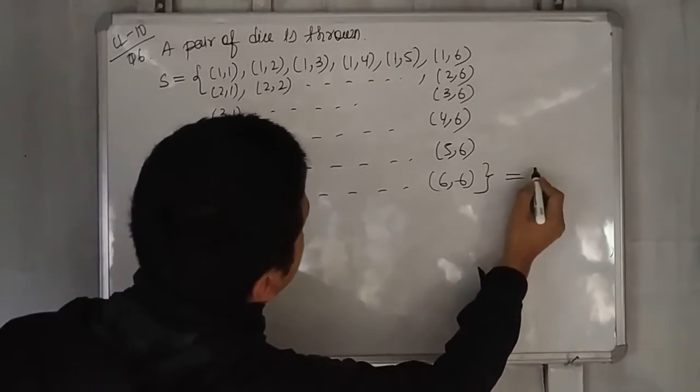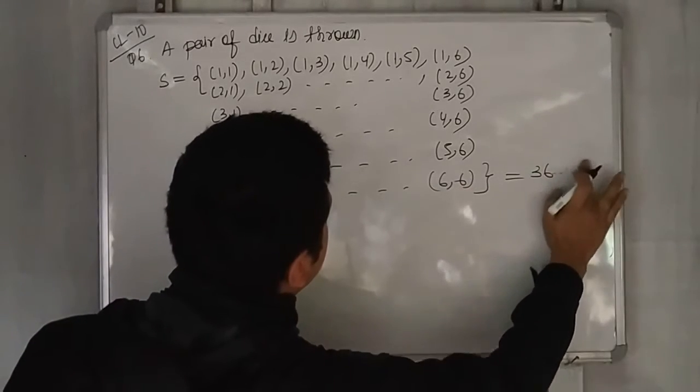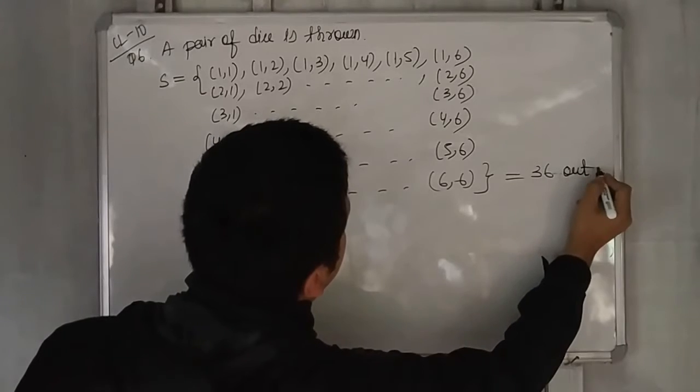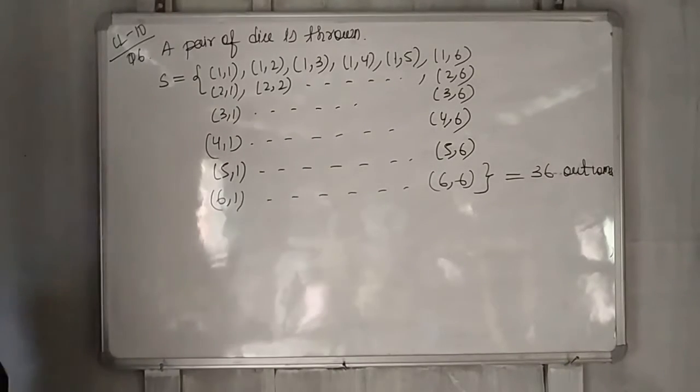So total how many outcomes? 36 outcomes.